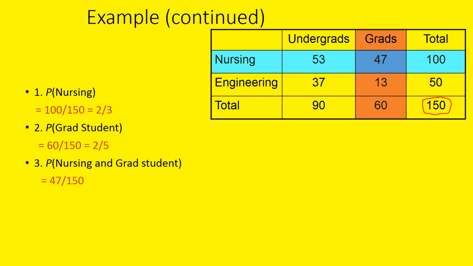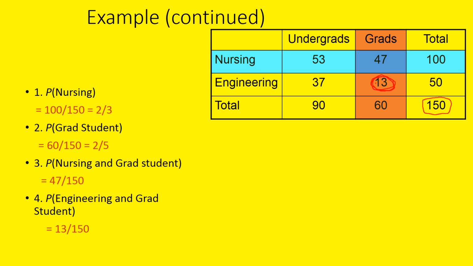It's easy to get these little pieces by looking at the chart. Probability of engineering and grad student. You can see that there are 13 of those people. Not too many. And we'll divide that by the total number of possible outcomes, 150.